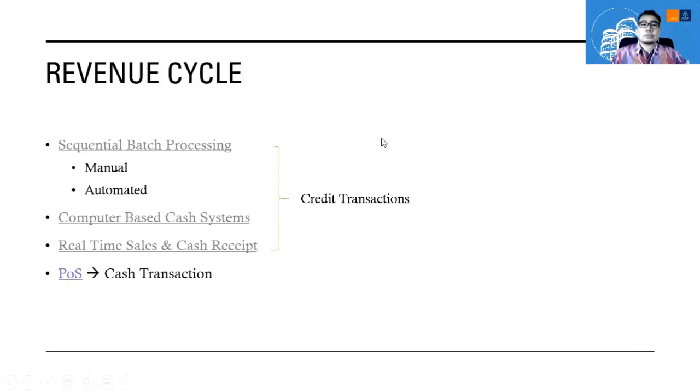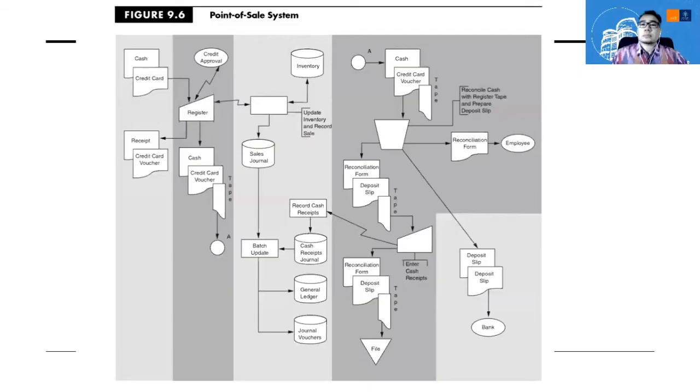Okay, now next is the point of sales transaction. As I have mentioned previously, the point of sales system is used to record and handle the cash sales. As you can see here, this is where customers can receive the goods directly at the point of sale.